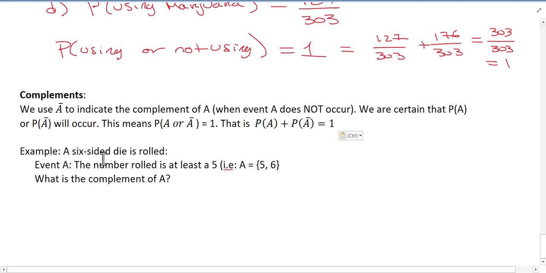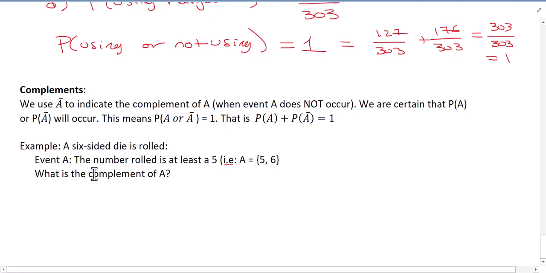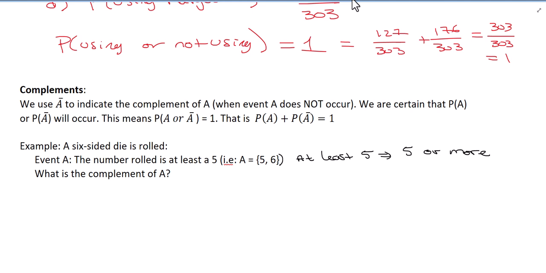For this example, a 6-sided die is rolled. Event A: the number rolled is at least a 5. So my sample space is 5 or 6. What does at least 5 mean? At least 5 means 5 or more. So then what is the complement of at least 5? If at least 5 means 5 or more, then not at least 5 would be less than 5.